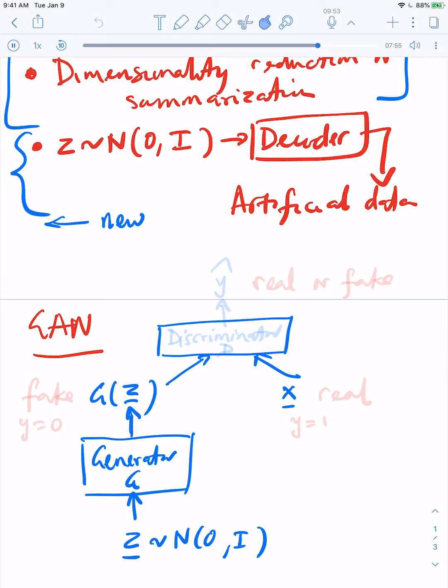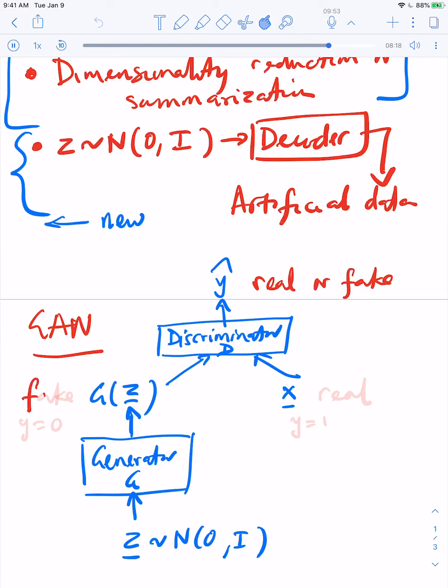This is what they call the discriminator, D, and that'll output some estimate y hat, as usual, of whether it is real or fake.